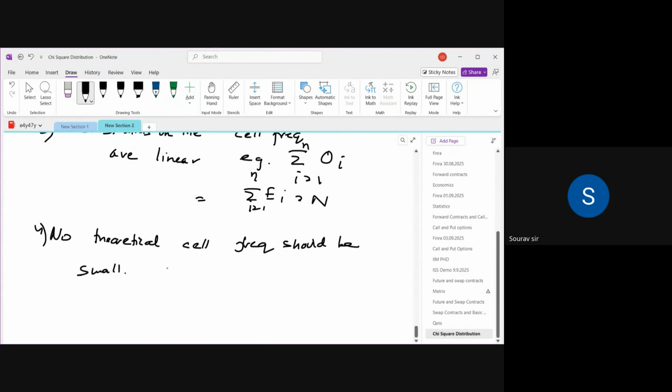What I mean is, if any theoretical frequency is less than 5, we add it to the preceding or succeeding frequency so that the resulting frequency is greater than 5, and adjust for the degrees of freedom.